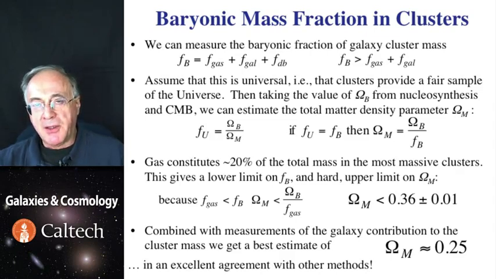A more detailed analysis, which also includes mass in galaxies, then yields a typical baryonic fraction in clusters of the order of 15%, and the omega matter total for clusters of galaxies, which we can then assume is not different from the universe as a whole, of the order of 0.25. This is in excellent agreement with completely different measurements obtained by other means that we covered in cosmological tests.